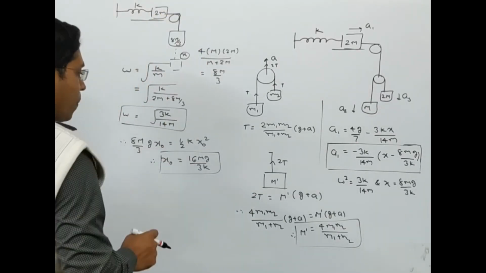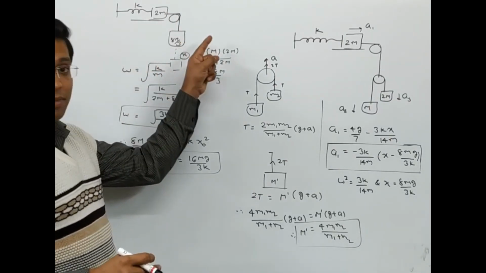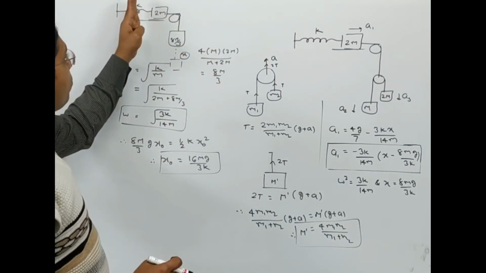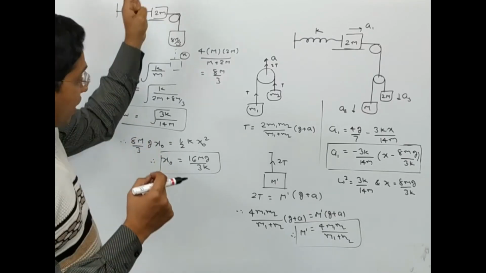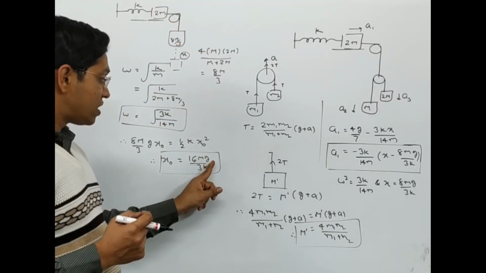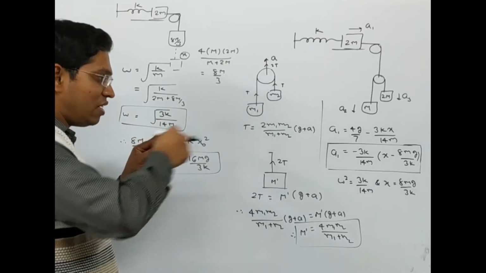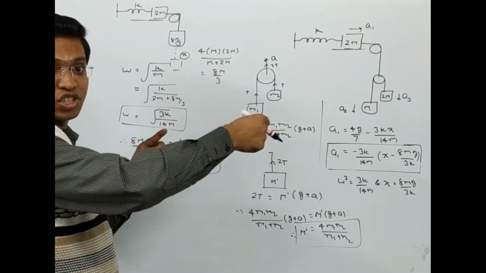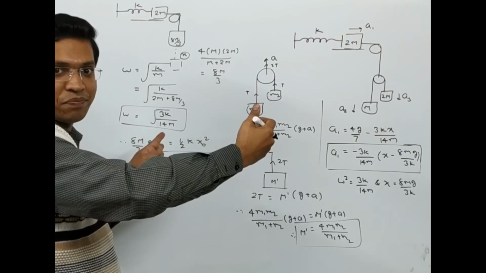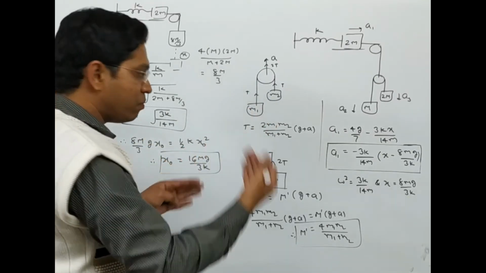Here it has the maximum elongation. It means it starts from x equal to 0, goes to x equal to 16 mg by 3k, and again comes to rest, so it is performing SHM between these two extreme points. Naturally, what should be the mean position?